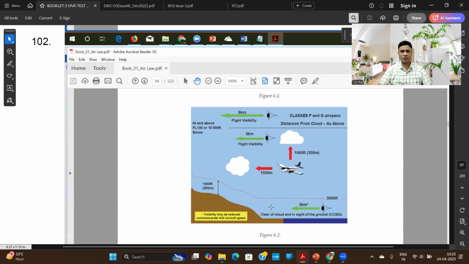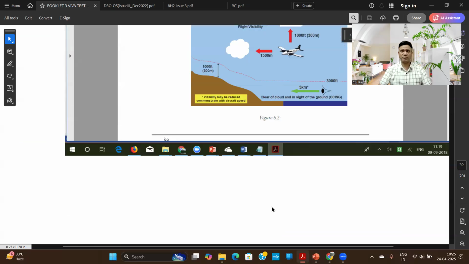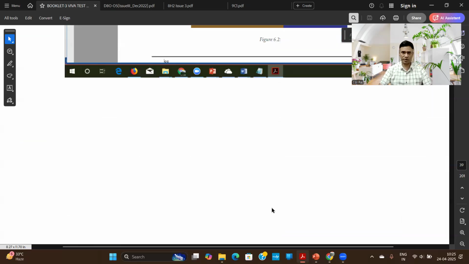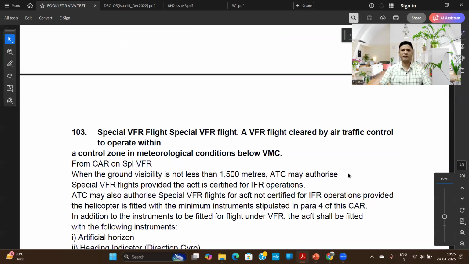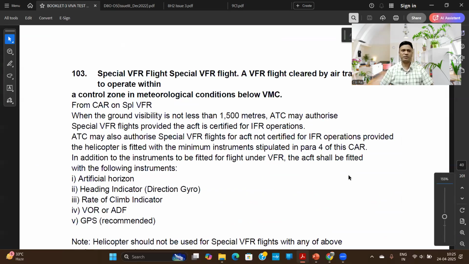But rarely the visibility is 5 kilometers. Okay, I've never seen visibility of 5 kilometers around Delhi. So what do we do? So they have said that special VFR is authorized. What is special VFR? The visibility can be below 5 kilometers and it can be up to 1500 meters.